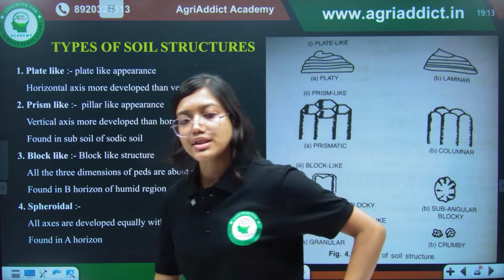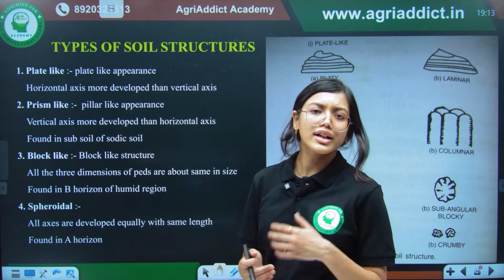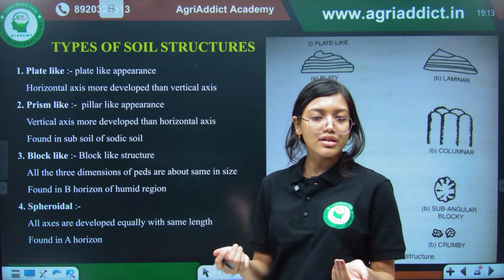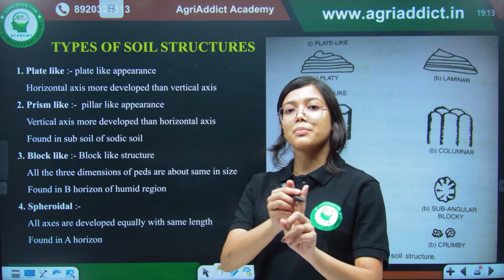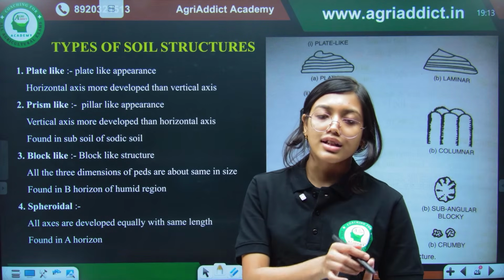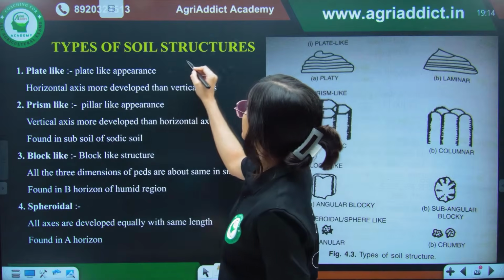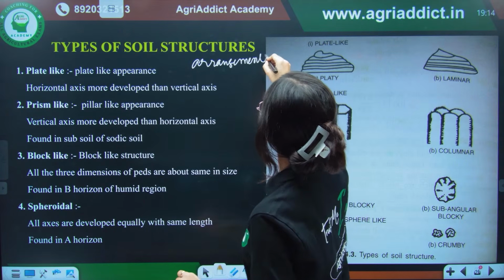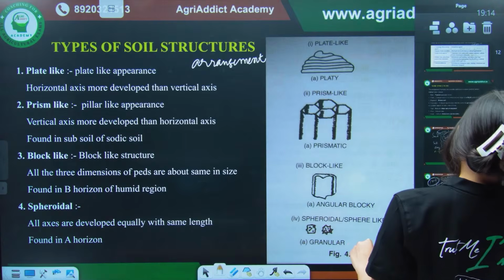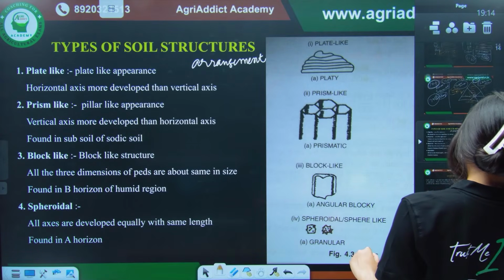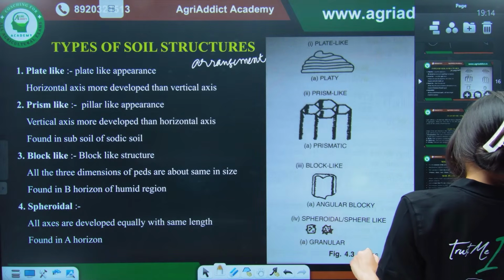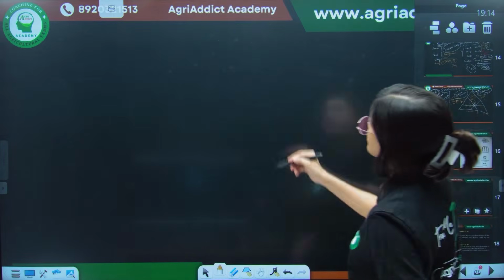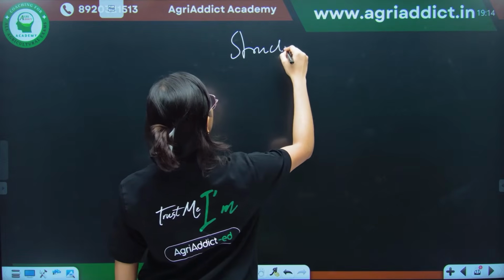Now the next best thing after texture is your structure. I told you that they are not present as discrete particles, so they have to form some kind of structure, right? So texture is the proportion, but structure is the arrangement. It is the relative arrangement. So first is your soil structure.